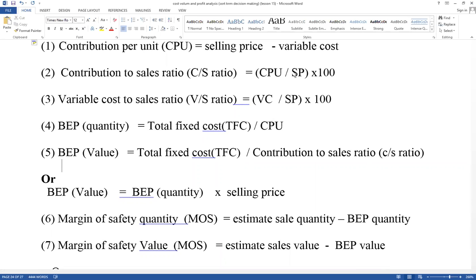When quantity decreases, total cost decreases proportionately. Those are called variable cost. Total variable cost changes proportionately, but unit variable cost, average variable cost, does not depend on quantity. When quantity increases or decreases, average variable cost does not change, it is constant.